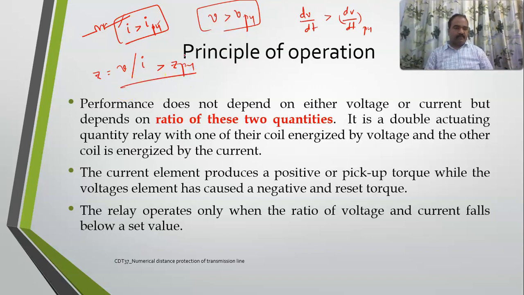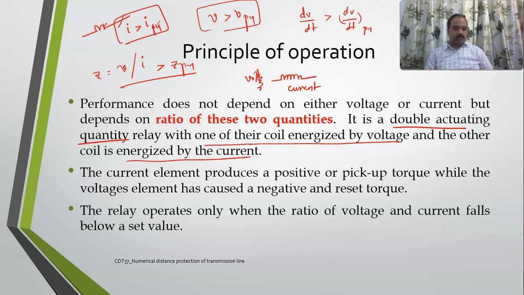That's why impedance relays are called double actuating quantity relays, because they require two inputs: one is a voltage input, the other is a current input. So there will be two coils present. One coil is energized by the voltage, the other coil is energized by the current.